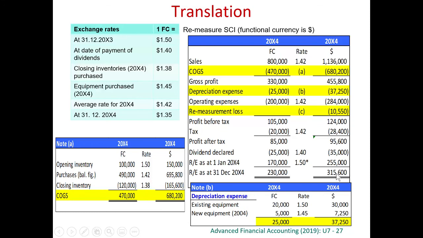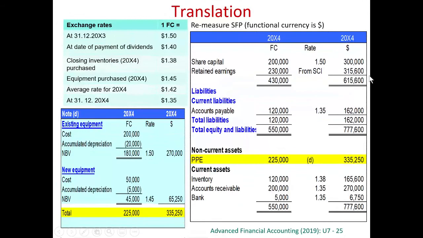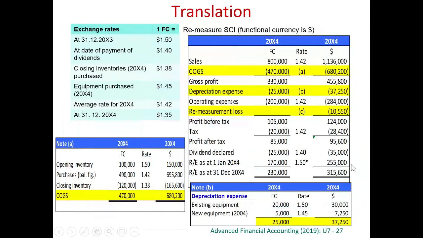We know that the closing retained earning is 315,600. We got these figures because we got the closing retained earning in our balance sheet, 315,600. So we work from here, 315,600, and we go upward. Retained earnings, this is a very special year.